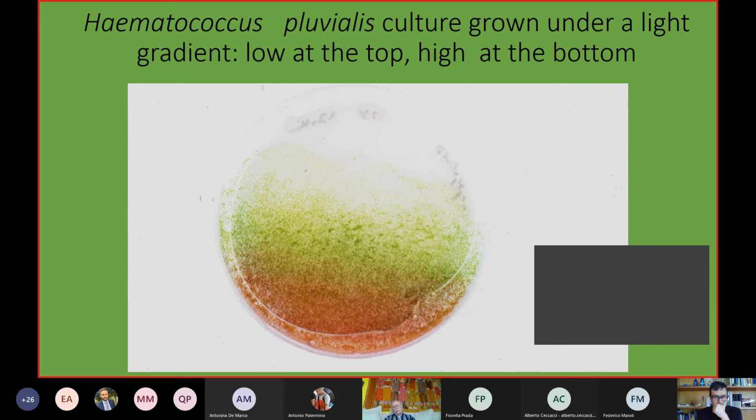At the top it's dark, so algae cannot grow. Then you get to the green area, and you see that under high light, these green algae save themselves by making a lot of a red pigment that is a photoprotective pigment called astaxanthin. To give you an idea, astaxanthin sells at thousands of dollars per kilogram.